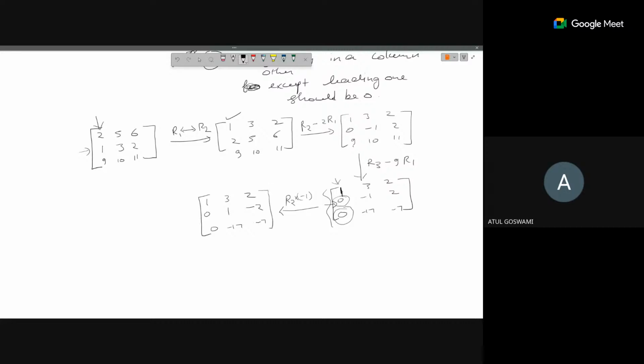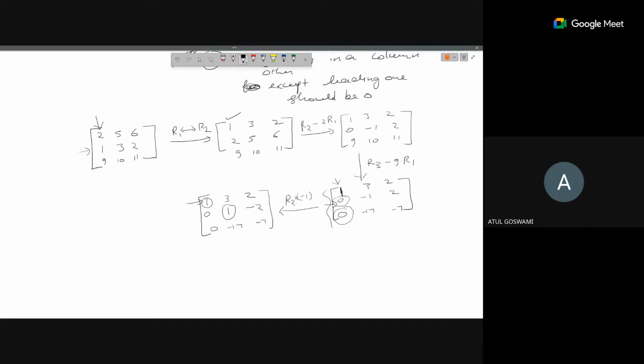Now see, is my second condition satisfied? The second condition says, suppose there is a leading entry in the first row, this is the leading entry. Now in the second row, what is the leading entry? This one, right? Why is this the leading entry?